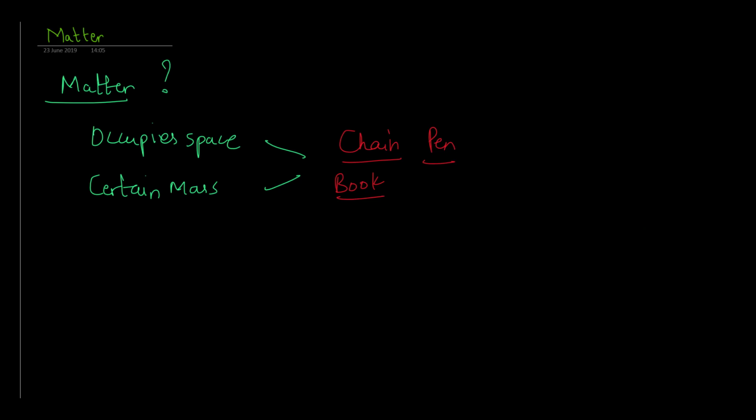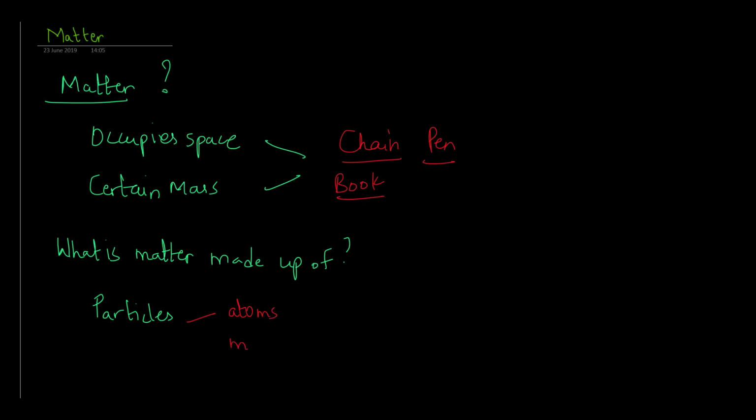Okay? So let's understand what matter is made up of. Matter is made up of particles. The particles can be atoms, molecules, or ions.